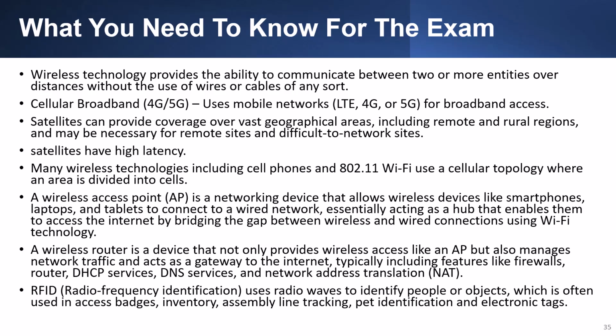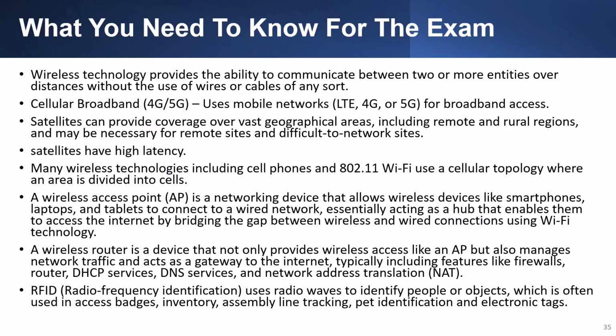A wireless access point, or AP, is a networking device that allows wireless devices like smartphones, laptops, and tablets to connect to a wired network, essentially acting as a hub that enables them to access the internet by bridging a gap between wired and wireless connections using Wi-Fi technology.